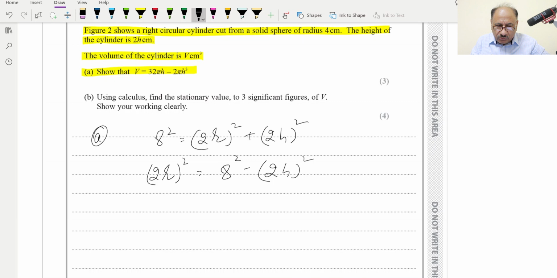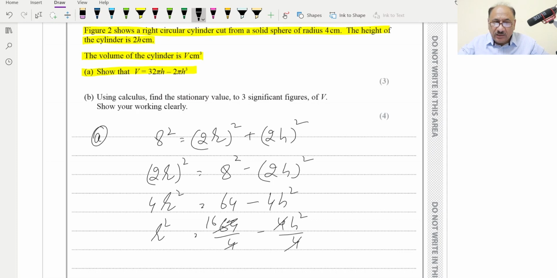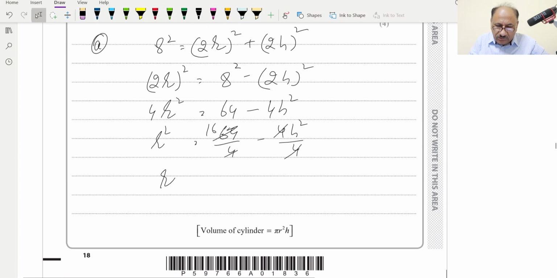Now we can open squares. So it will be 4r squared is equal to 64 minus 4h squared, and now we can find r squared is equal to 64 over 4 minus 4h squared over 4. So this will be cancelled and this will be 16, and now r squared is equal to 16 minus h squared.